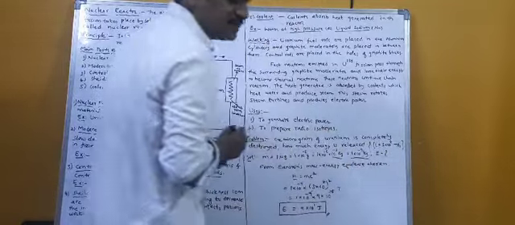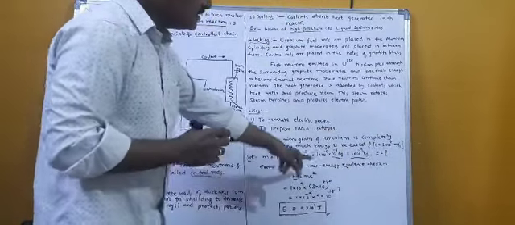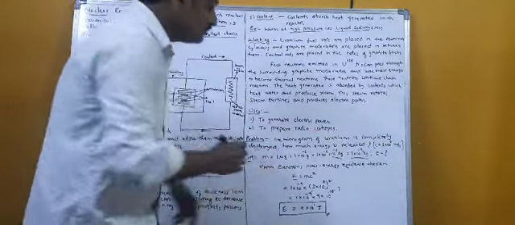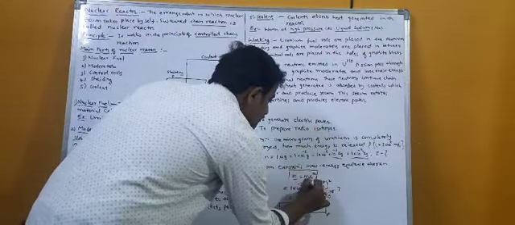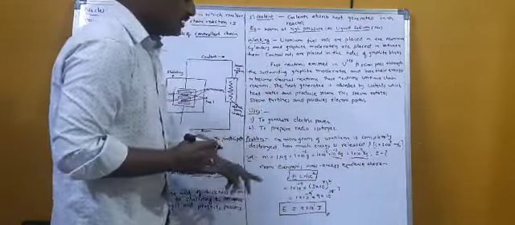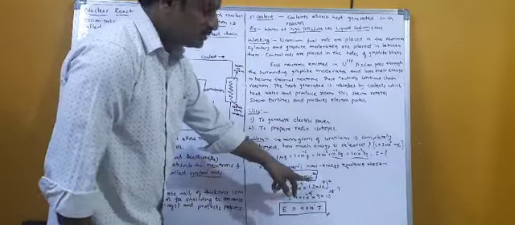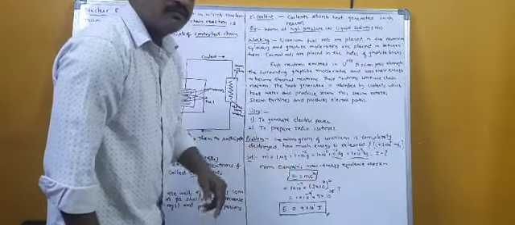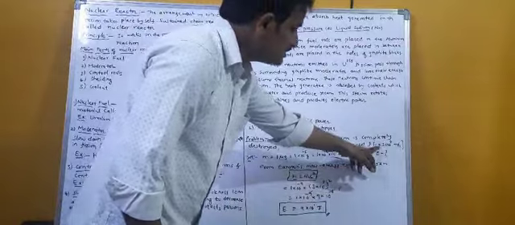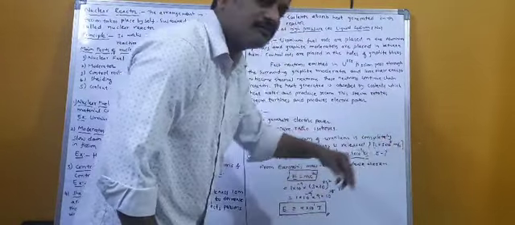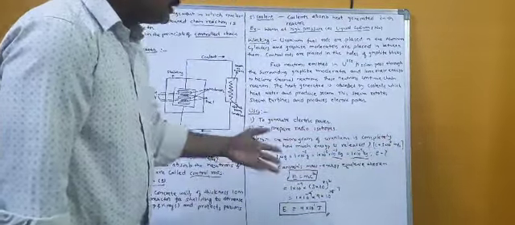Now how much energy is released? E is equal to how much? From Einstein's mass-energy equivalence, E is equal to mc square. Here m is mass, and c is the velocity of light, c is equal to 3 into 10 to the power of 8 meter per second. Whether it is given or not, you have to remember this.